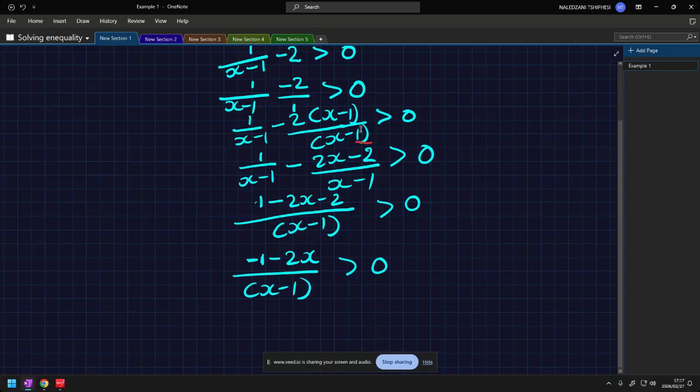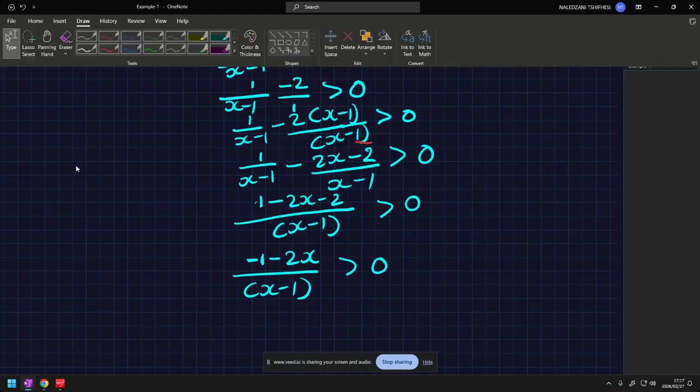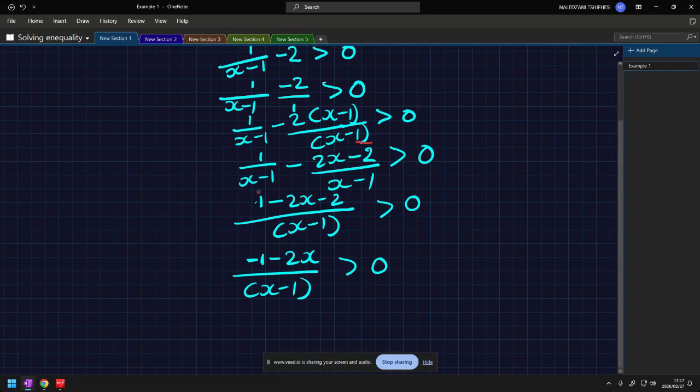Okay, all right, let's check our mistake here. Remember, negative 2 times what? It's negative 2x. Negative 2 times negative 1 is going to be plus 2, right?